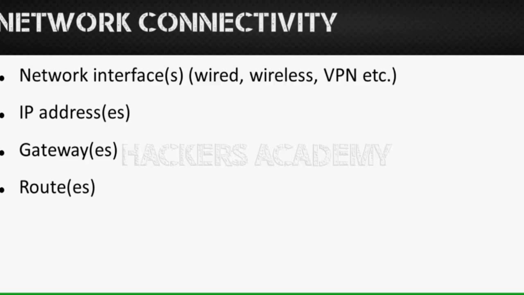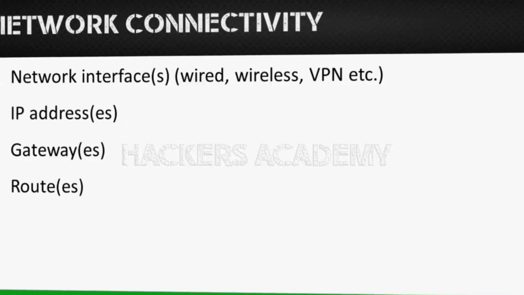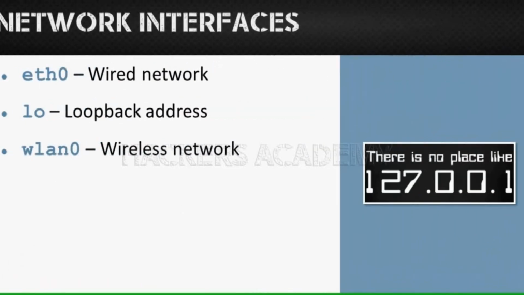In Linux, the naming convention for network interfaces is as such. By the way, if I'm saying network interfaces and you're not familiar with the name, it is how your computer is connected to the network. So if your computer is plugged into a physical network cable, the hardware where the network cable is plugged in is called the network card. And the network card has an interface that would have an IP address.